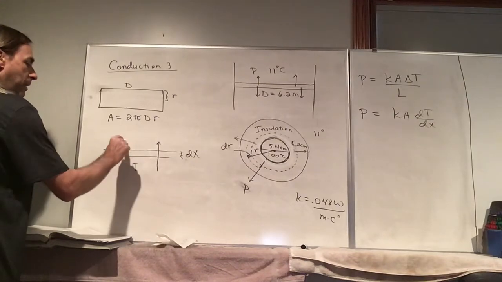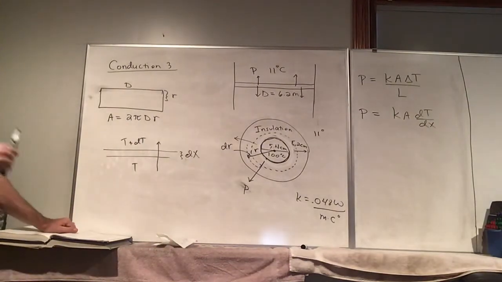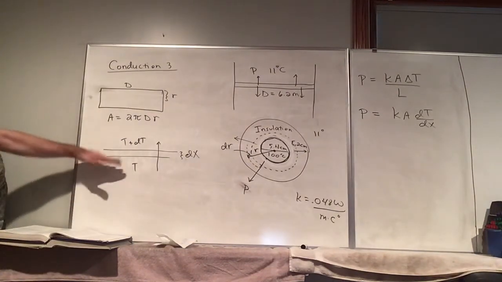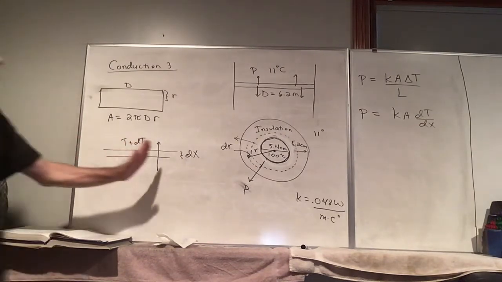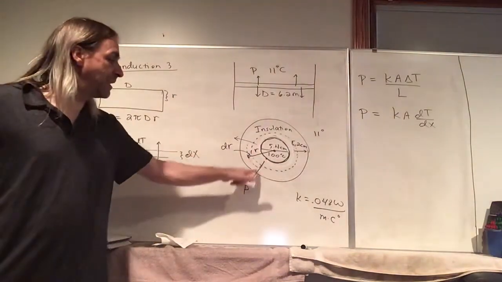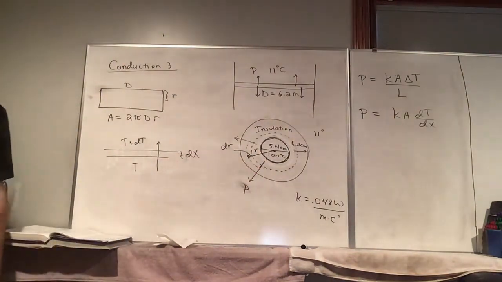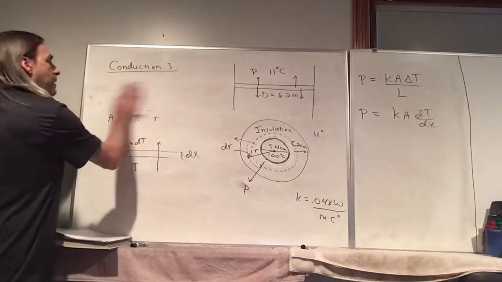And here we had T and T plus dt. So delta T is a difference in temperature here, and dx is the width of this. Again, dx is in the direction that heat is flowing. So in this case, we're going to replace dx with dr. So let's do this.